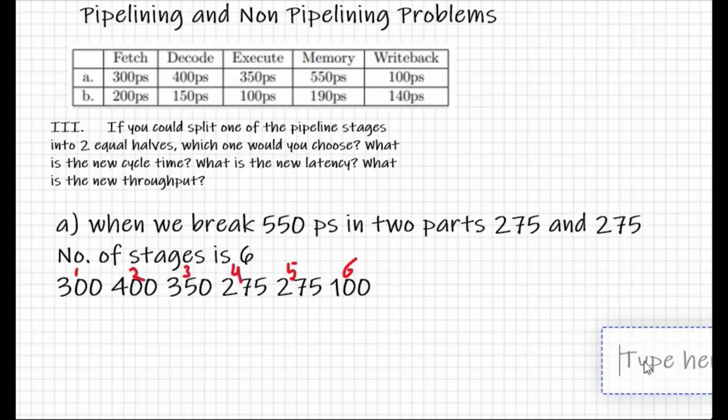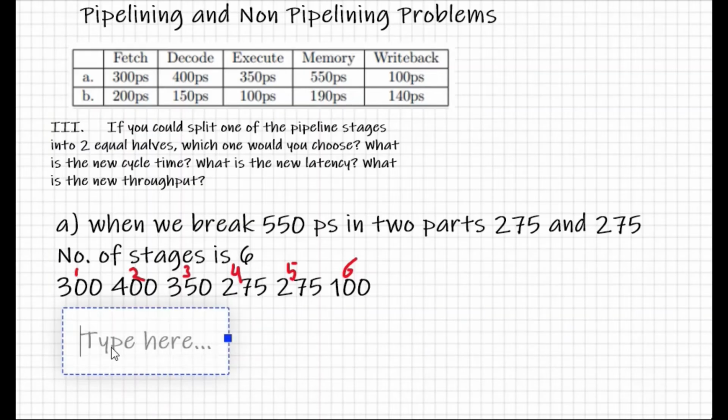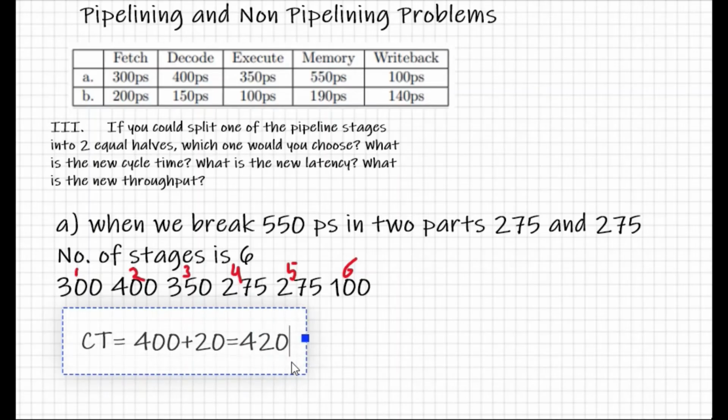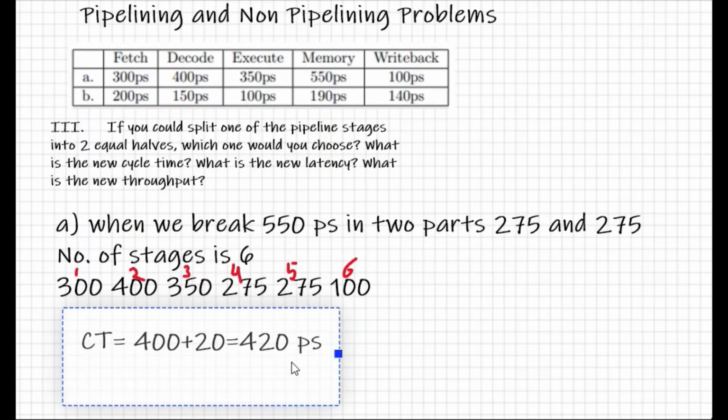Now you want to calculate the CT. So what will be the CT? We are talking about the pipeline. So the maximum is 400, so 400 plus 20, and it will become 420 picosecond. Now latency will become, as I told you, CT multiplied with the number of stages.